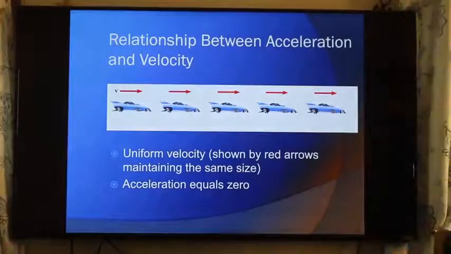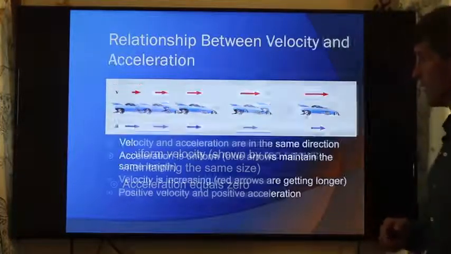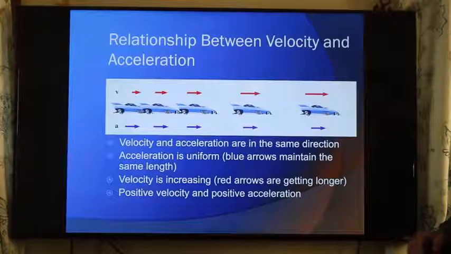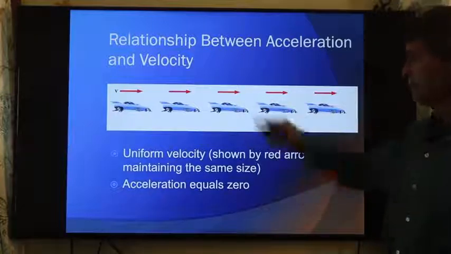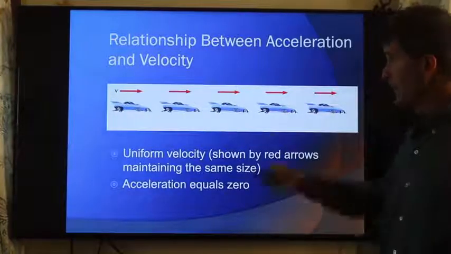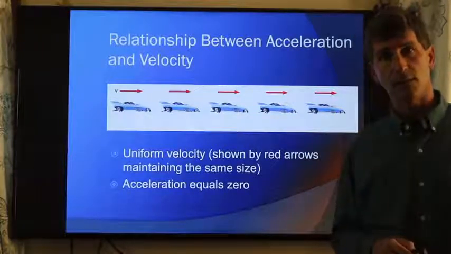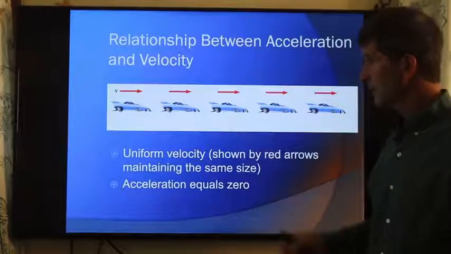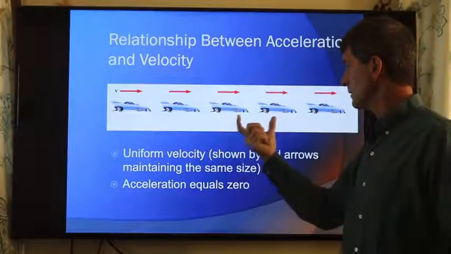Again, looking at the relationship between acceleration and velocity, we'll do this with some motion diagrams and some graphs. In the previous case, we had a car going at a constant velocity. The red arrow represents velocity. And you see no vector representing the acceleration because the acceleration is 0. At each point in time, this car is traveling by the same amount.